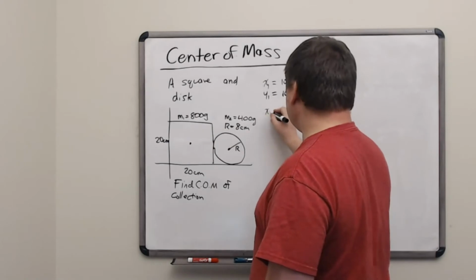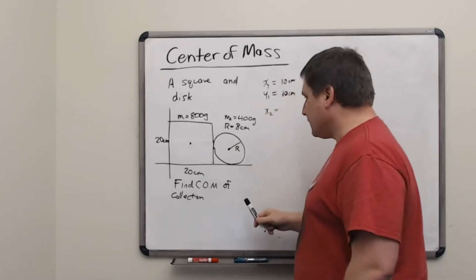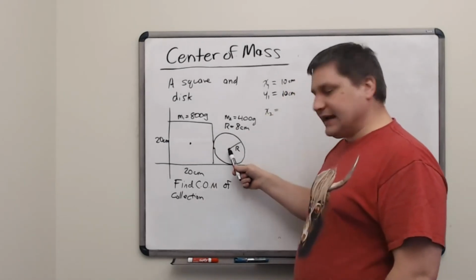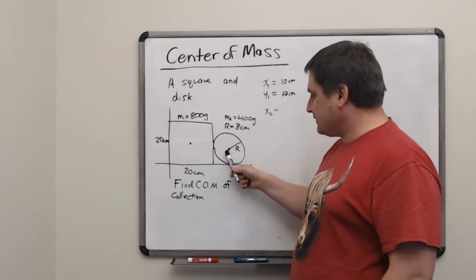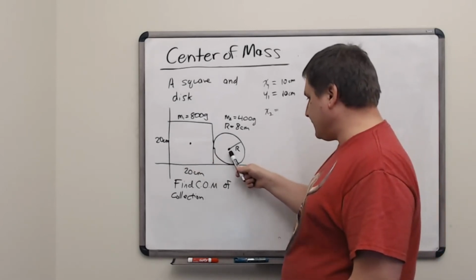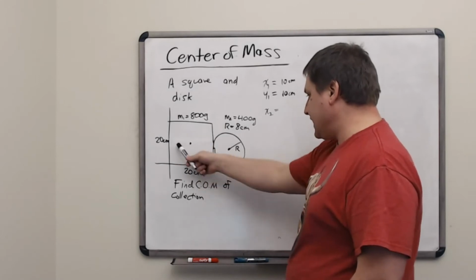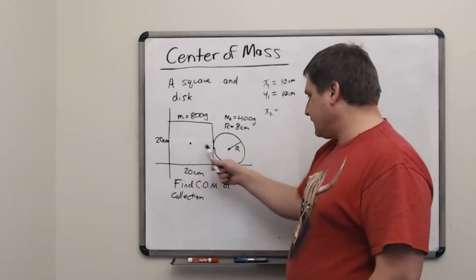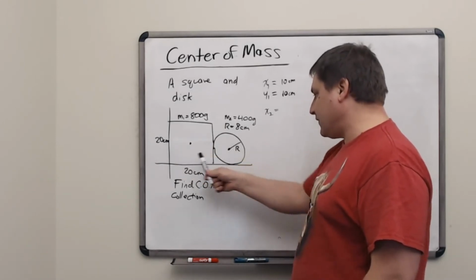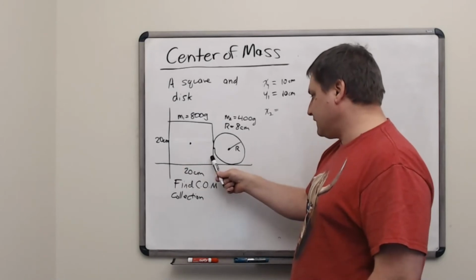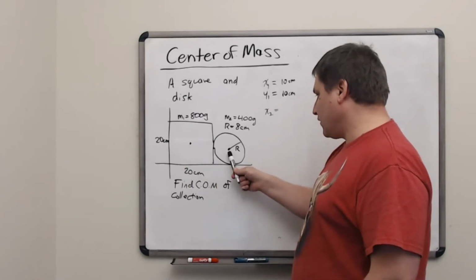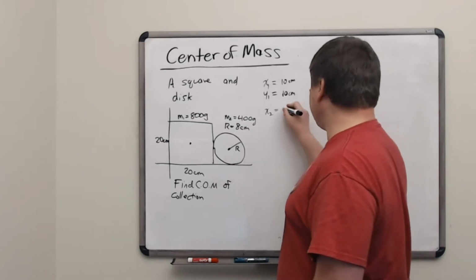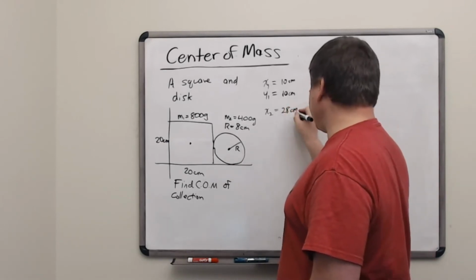For the disk, its center of mass is at its geometric center, but this is not directly touching the axis over here. So to get to the center of mass in terms of the x-coordinate, we have to go over 20 units, and then we have to go over one radius of distance. So the x-coordinate of the center of mass for the disk is 28 centimeters.